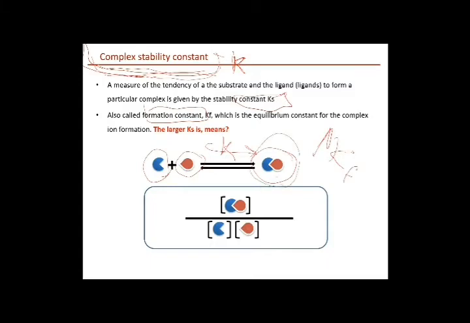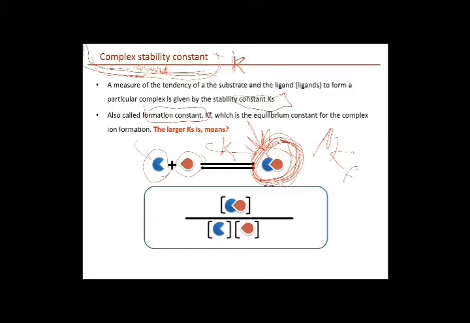That means this complex that is being formed is stable. That is why in this slide, or generally in complexation reactions, we call this K the stability constant. Why? Because it represents the stability of this complex that is being formed here.